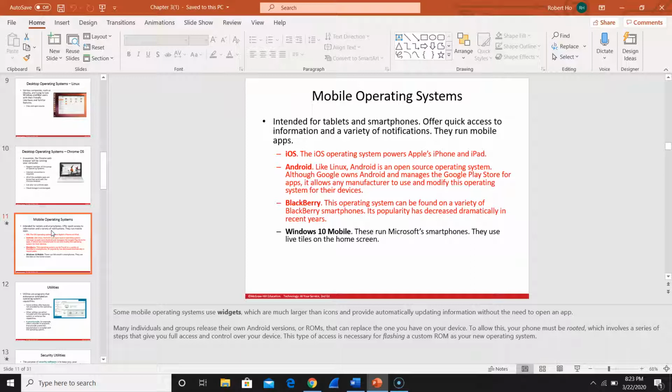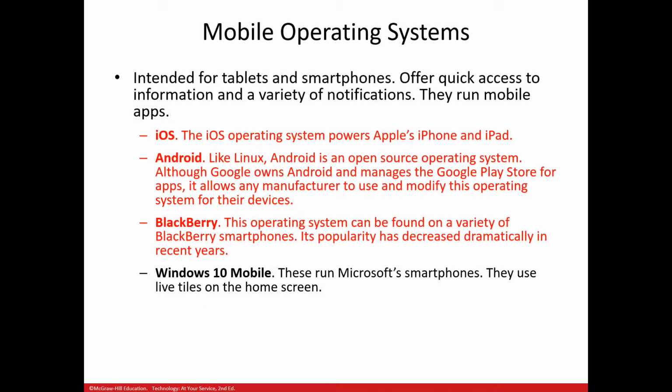Mobile operating systems. Before we go over slide 11, make sure you know what an operating system is. An operating system is a program that is used to control the activities of the hardware and for the user to communicate with the computer.